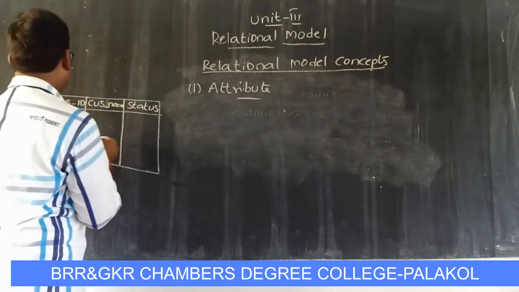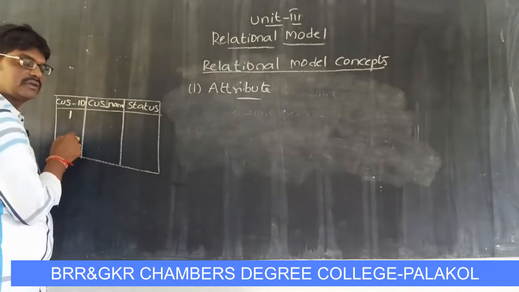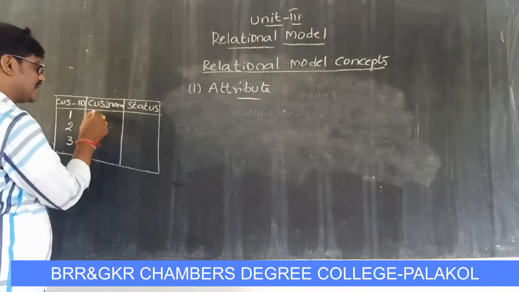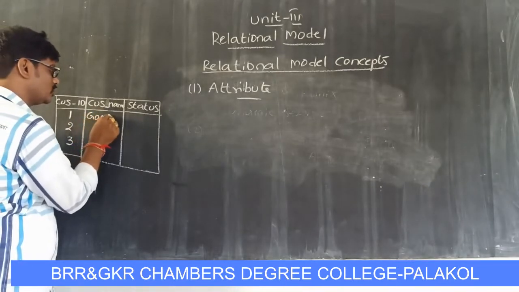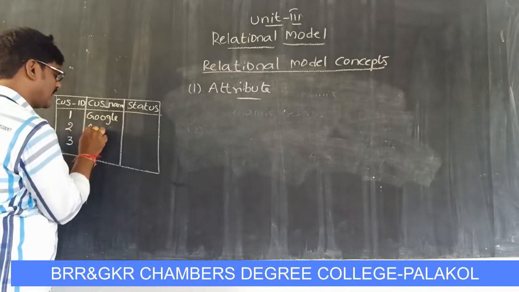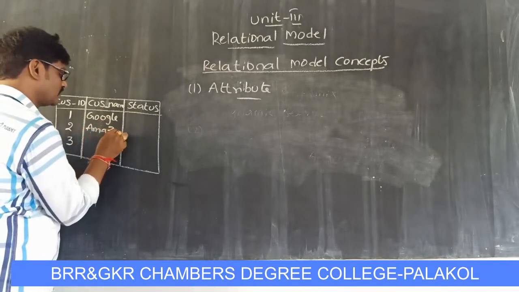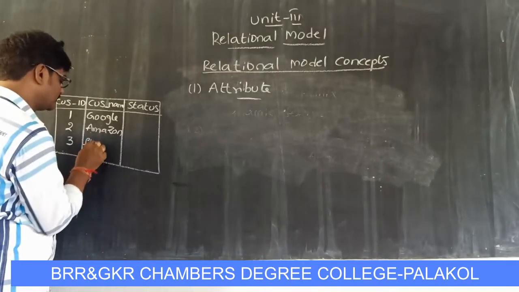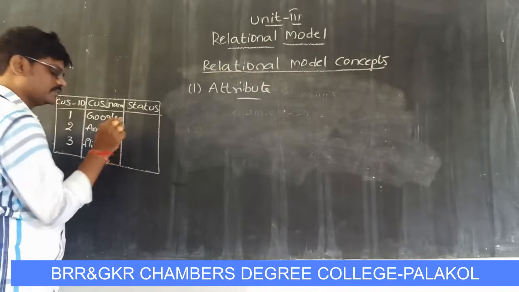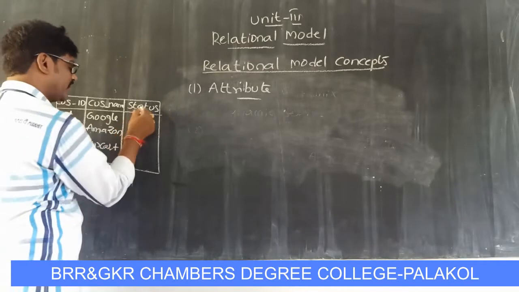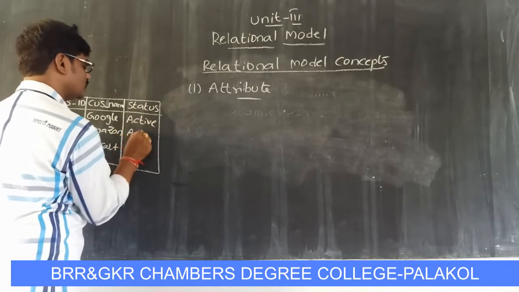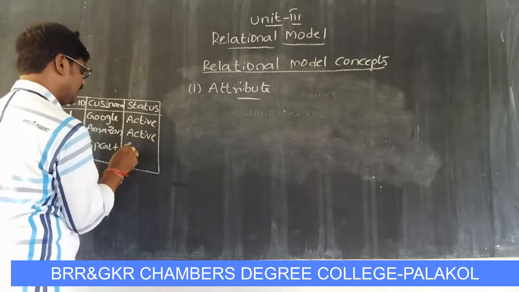For example, 1, 2, 3, and customer names Google, Amazon, and Flipkart. Status active and inactive.